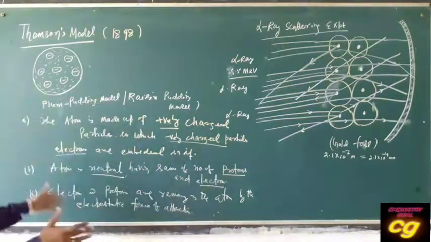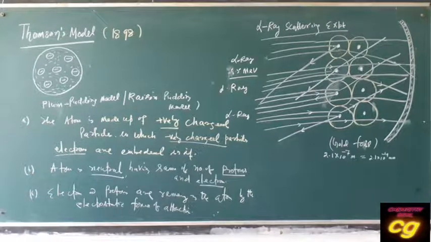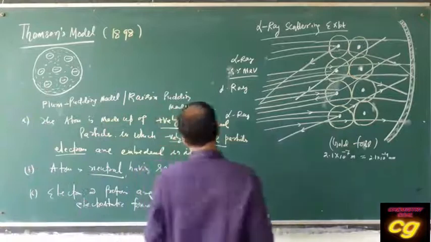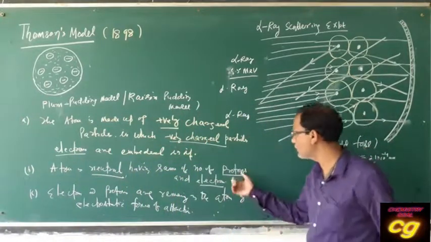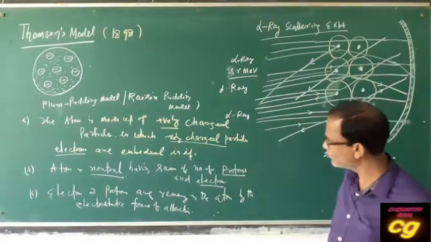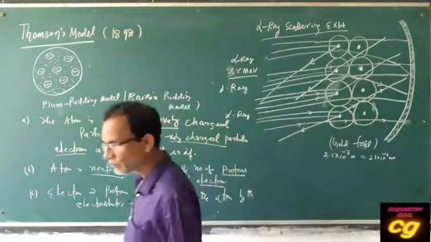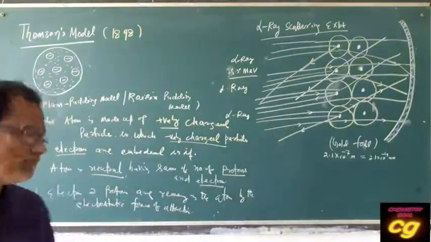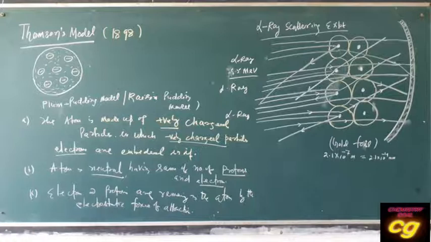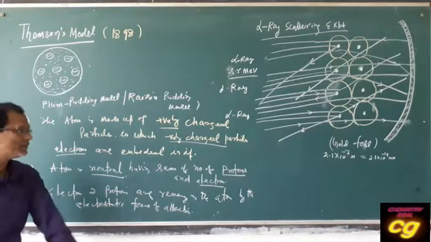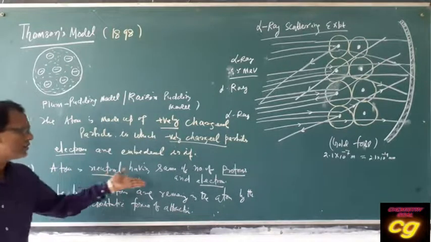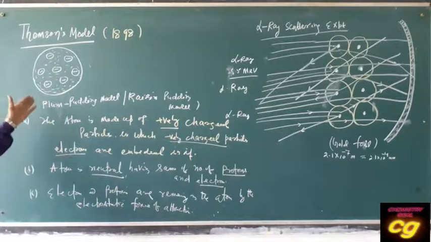That means an attractive force exists between electrons and protons. Due to this, electrons and protons remain inside the atom. They cannot be detached because they are attracting each other. And the atom is neutral. So this is the concept of the Thomson model.